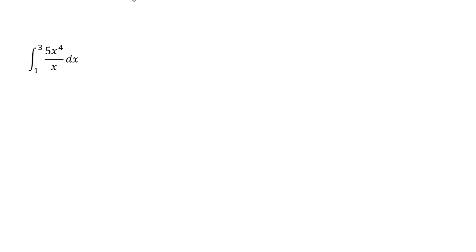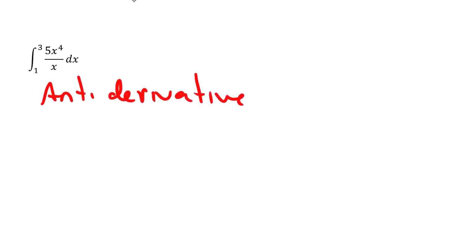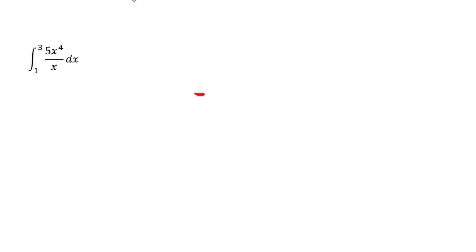So we'll do another one here. So we need to find the antiderivative. Alright, so before we even begin that, can I simplify that down? Yes, I can, so let's do that before we even think about doing the antiderivative.